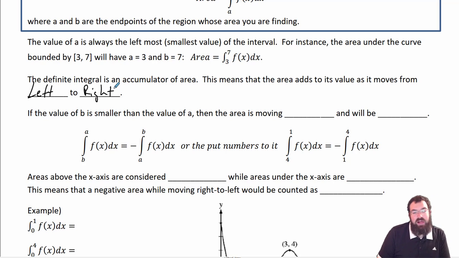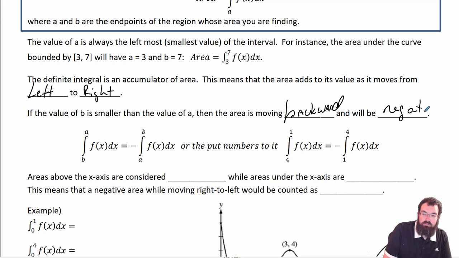If the value of b is smaller than a, then the area is moving backward and will be negative. So if a is on top but it's actually larger, in order to get a on the bottom, I have to put the negative outside and then flip the two bounds.